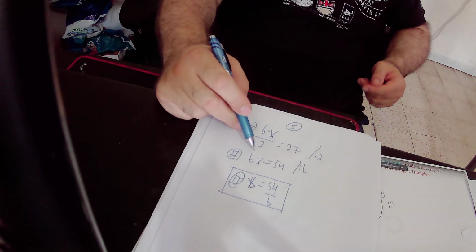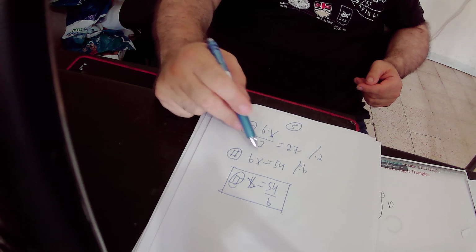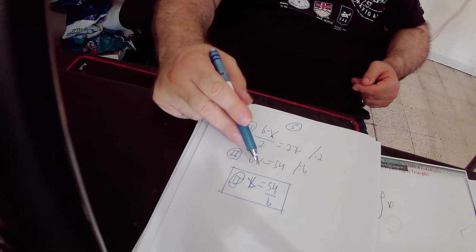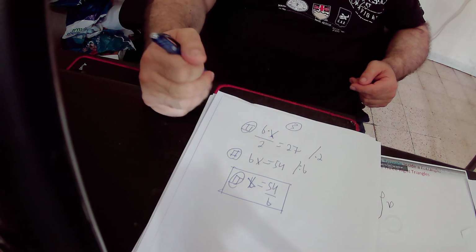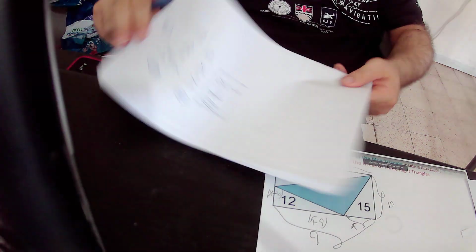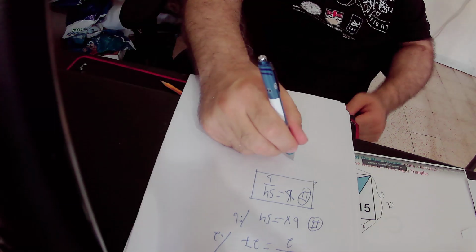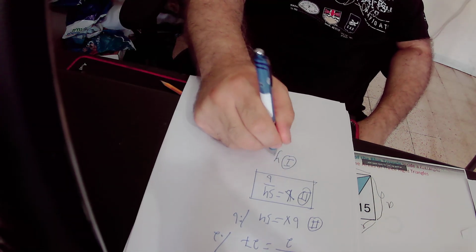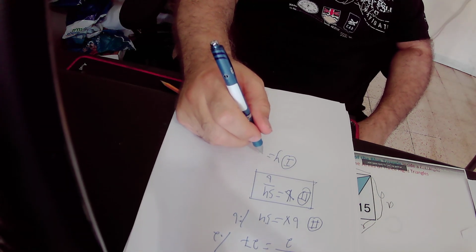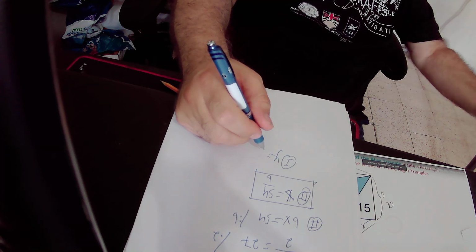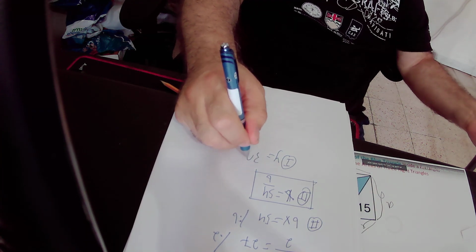So after we divided both sides of the equation by b, we got that x equals 54 over b. And we already know that y equals 30 over a.